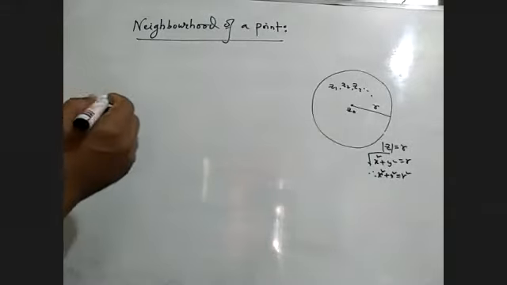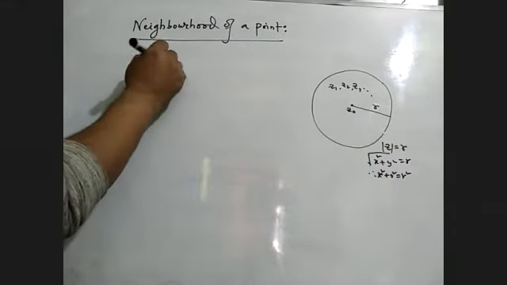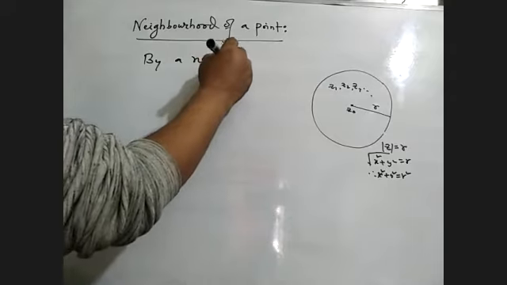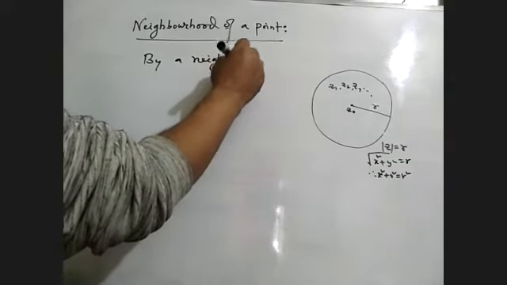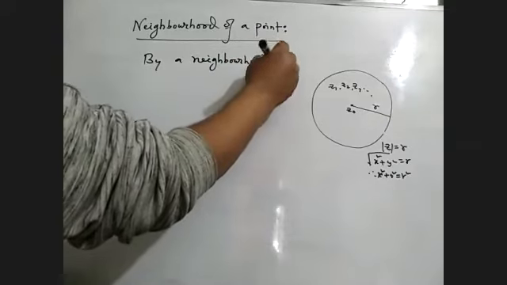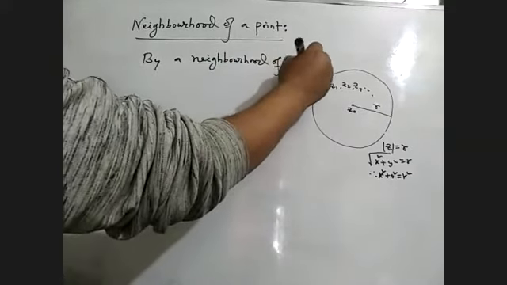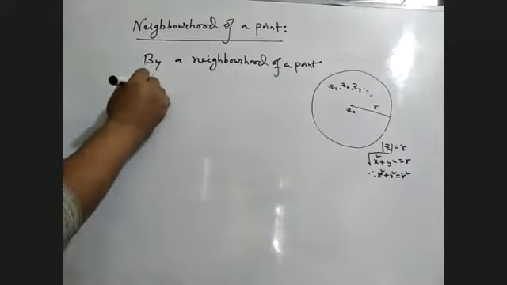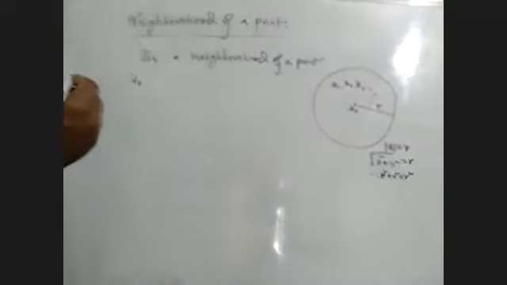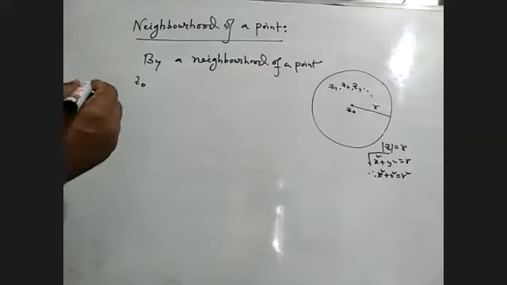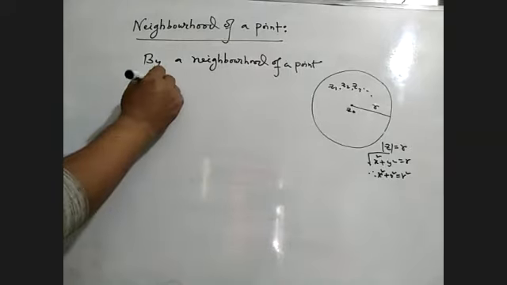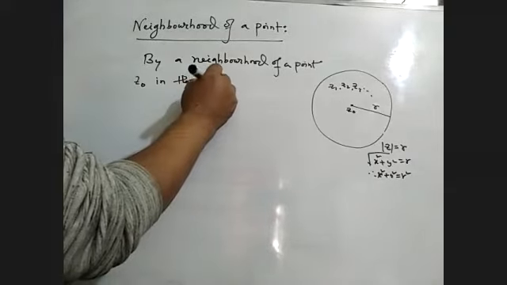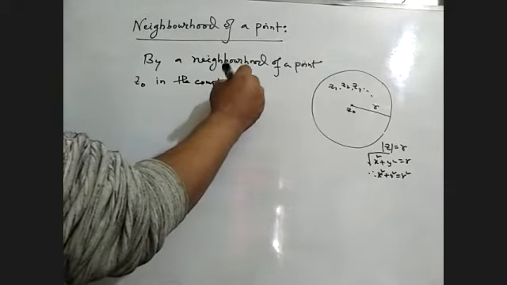By a neighborhood of a point z naught, where z naught is the center in the complex plane. This is the complex plane.